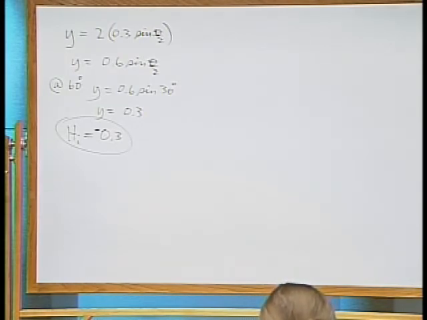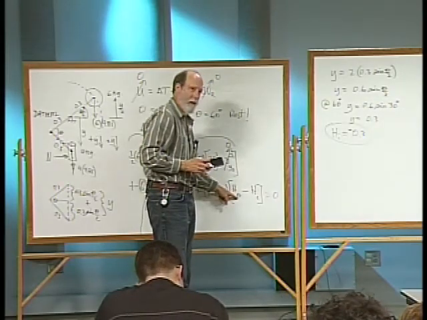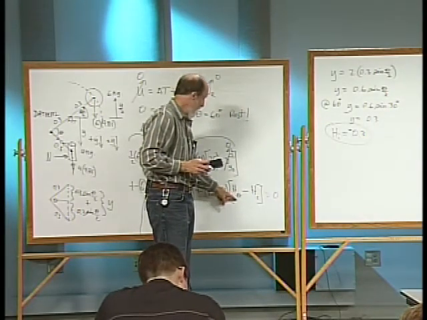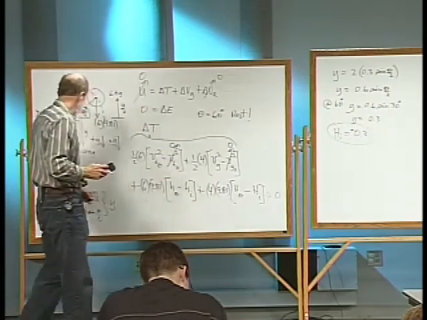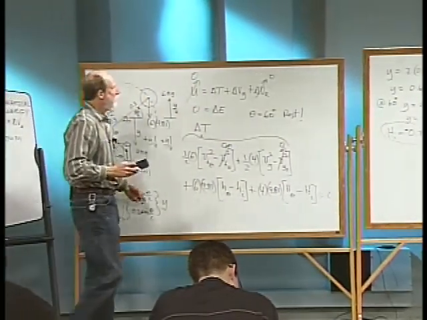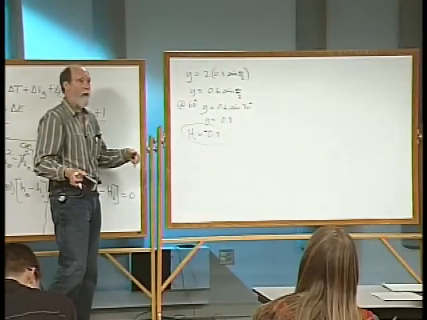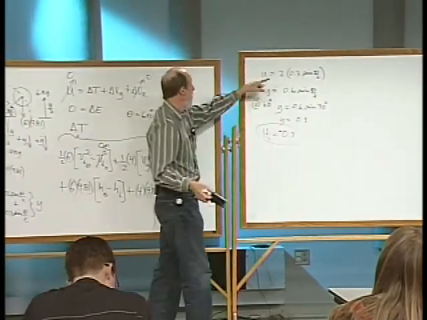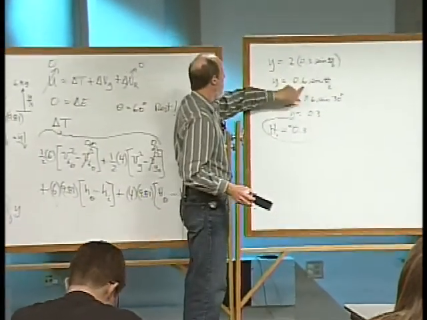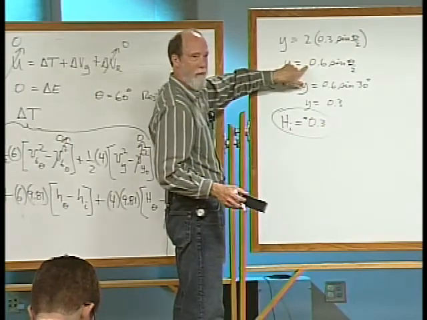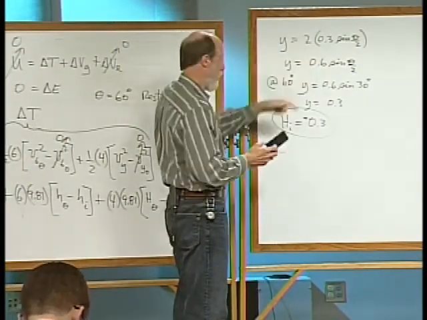Okay. At any theta then, in general, at any theta, it's going to be still below the datum, isn't it? Still going to be below the datum, and it's going to be this value except negative, isn't it? Still below the datum.